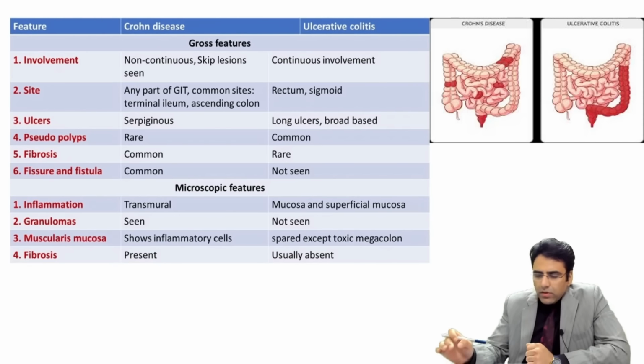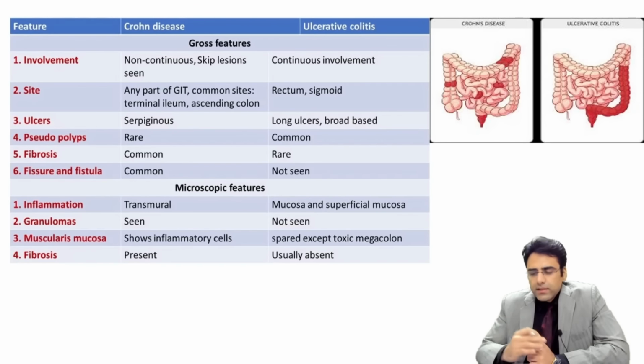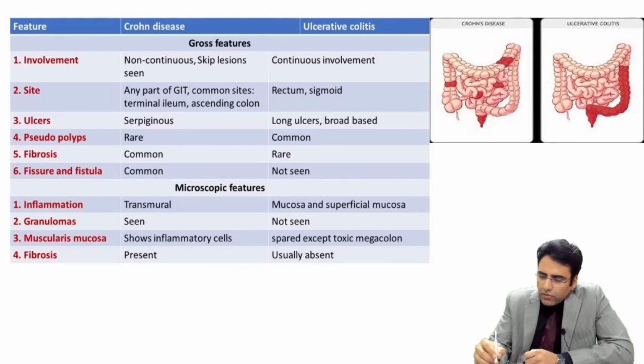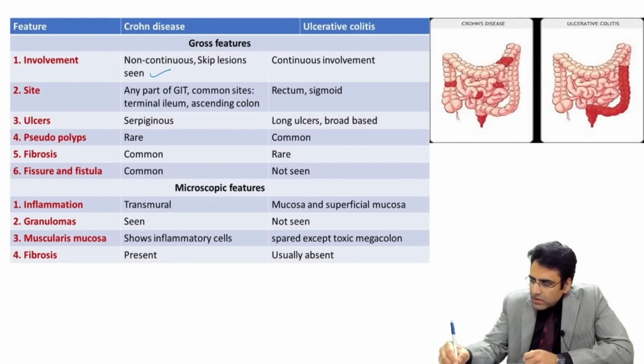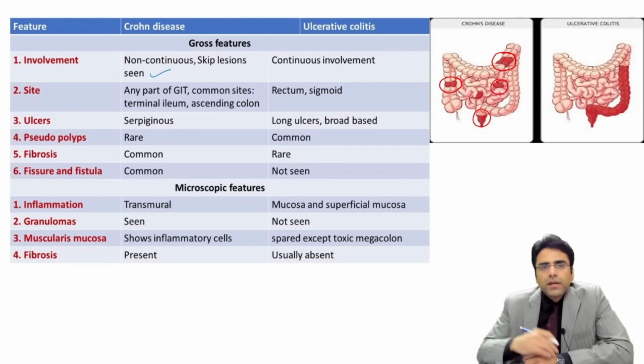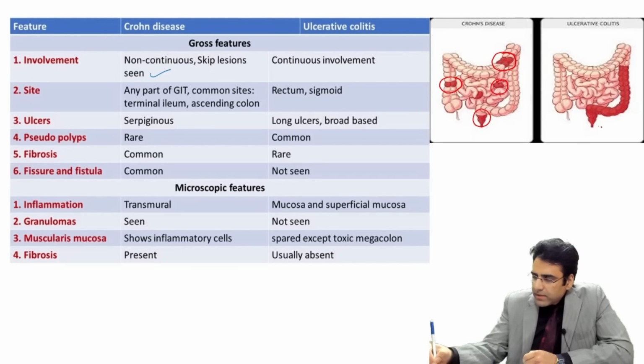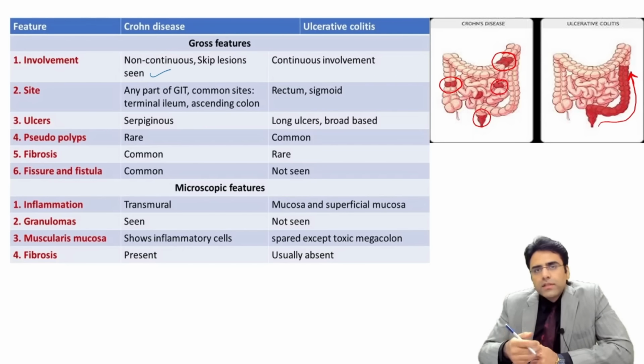Now let us have a look at important features of Crohn's disease and ulcerative colitis. This is a very important topic, frequently asked in exams. If we talk about Crohn's disease, the involvement is non-continuous and skip lesions are seen. Can you see in this image, this is Crohn's disease, skip lesions are present, whereas in ulcerative colitis, there is continuous involvement. Crohn's disease can involve any part of the GIT extending from the oral cavity up to the rectum.